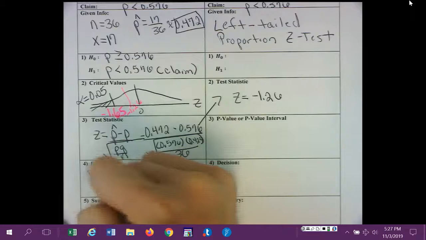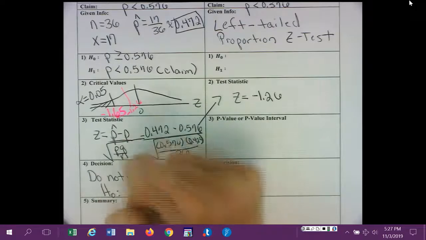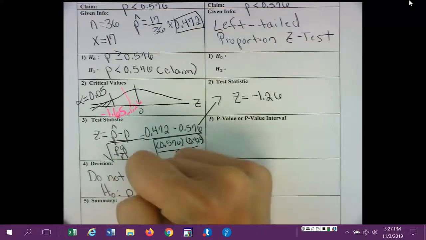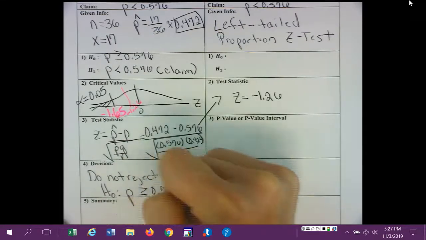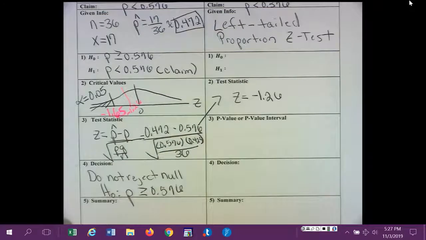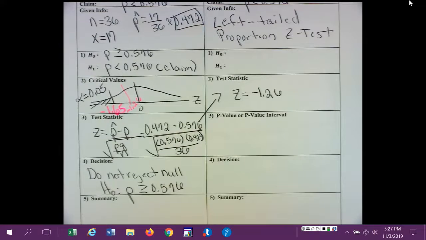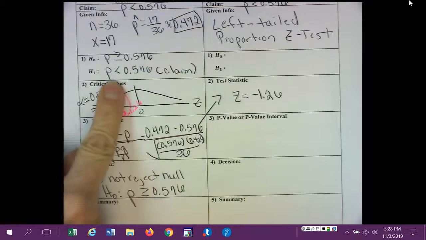And the null statement is p is greater than or equal to 0.576. Do not reject the null statement. And I'm kind of sad then for the trainer, because you know what that means. If we do not reject the null, what does that mean about his claim? That it's too high for his conference.